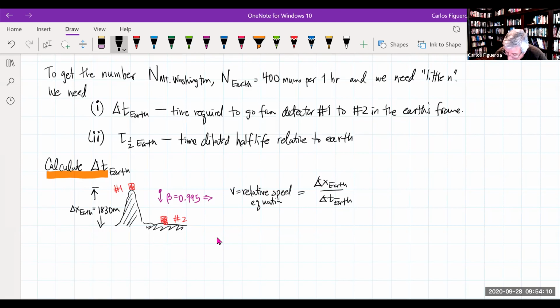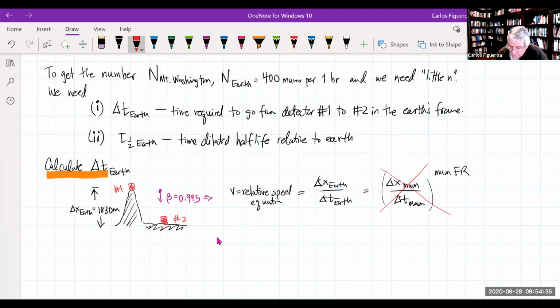Or I can look in the muon frame. Or I could do this. This is in the muon frame of reference, but since I don't have all those details, I'm not going to look at that.